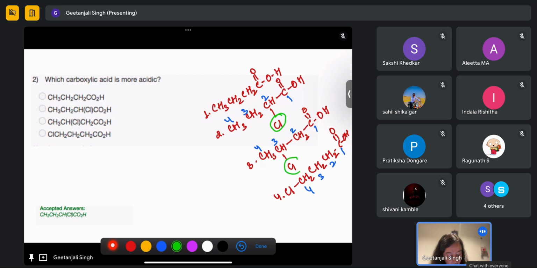In third option it's on third, and in fourth option it's on 4. Since the distance keeps on increasing, the effect of the electron withdrawing group will also decrease. Hence, the most acidic among the four options is B1, due to the placement of chlorine just next to carboxylic acid.